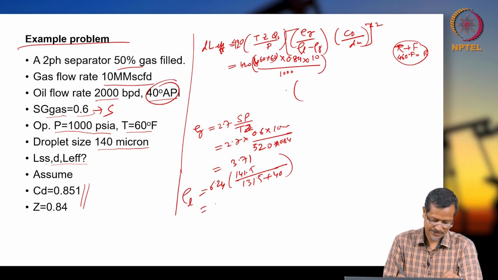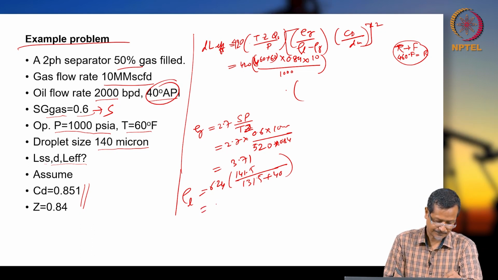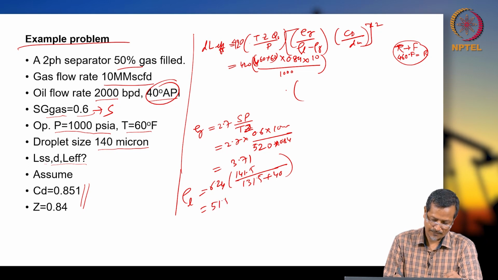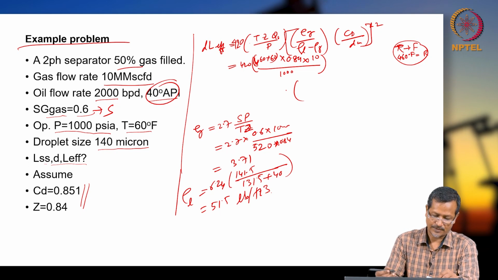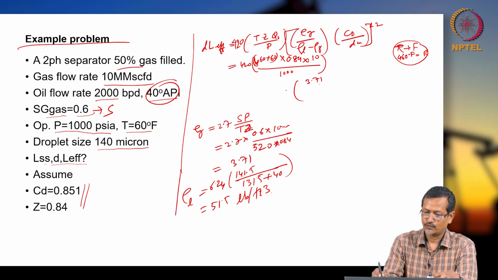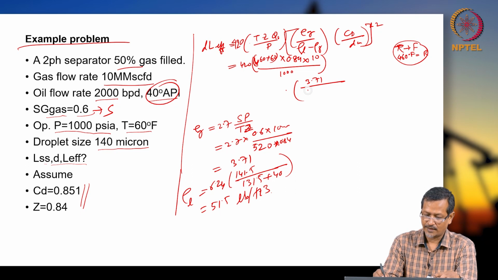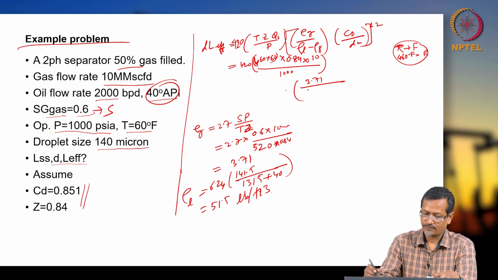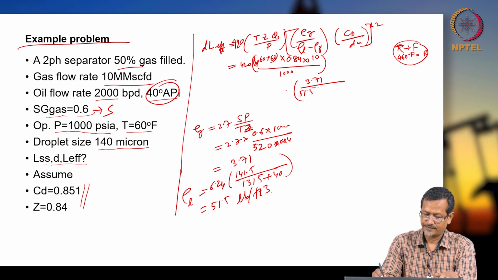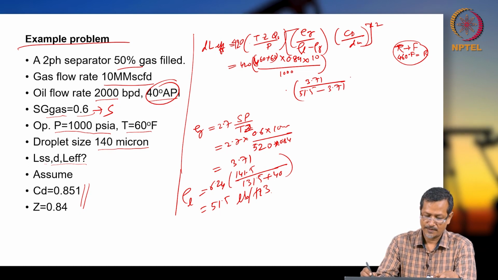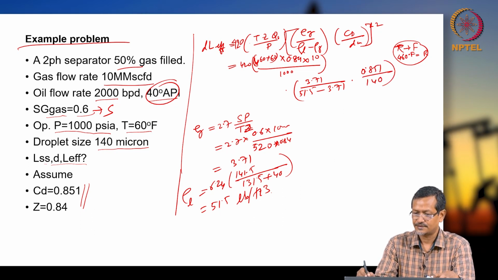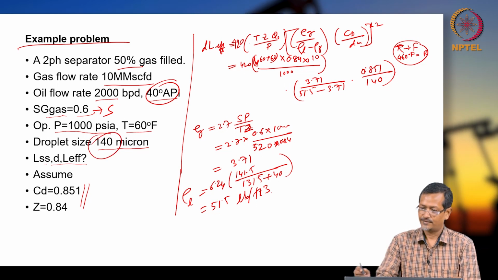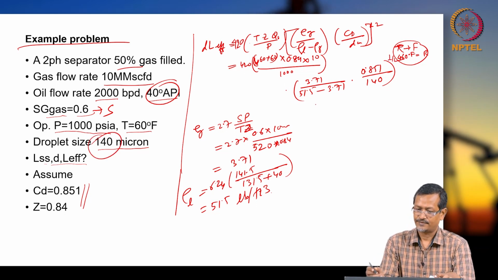This gives 51.5 pounds per cubic feet. Putting those values in: 3.71 for rho G, 51.5 minus 3.71 for rho L minus rho G, CD value 0.851, 140 micron given in the problem, and the power is half.